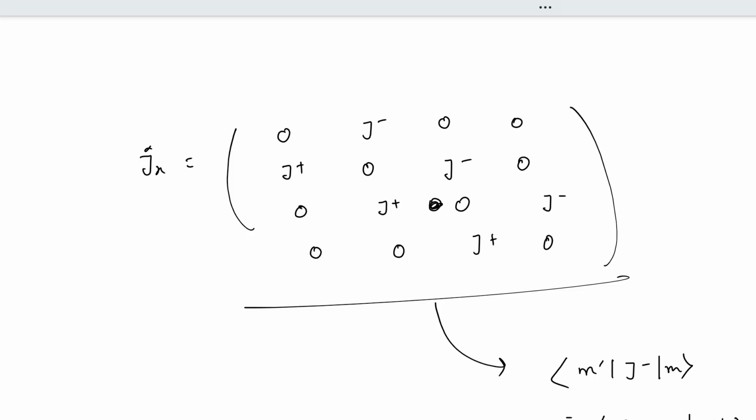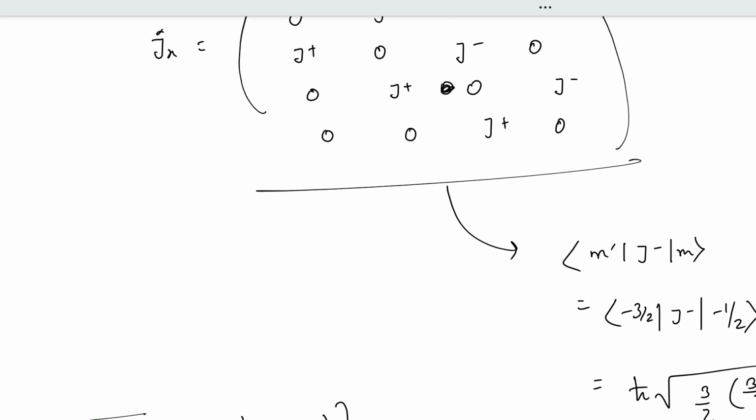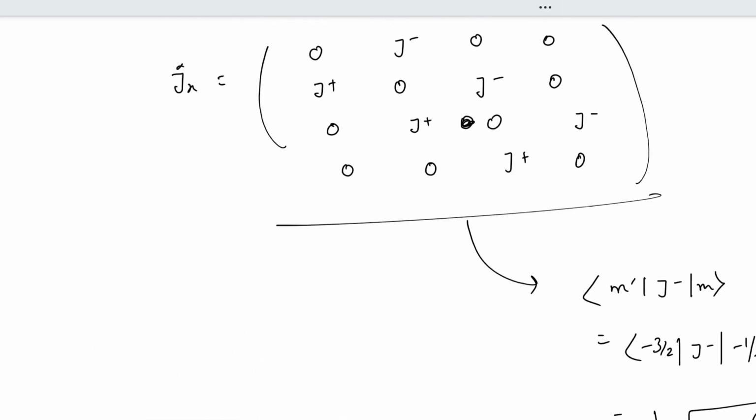Minus m into m minus 1 is minus half into minus half minus 1. Which is h cut root over of 3 by 2 into 5 by 2 minus 3 by 2 into half, which is 3 by 4. So h cut root over of 15 by 4 minus 3 by 4, which is 12 by 4, which is h cut root over of 3. So here the element is root over of 3.